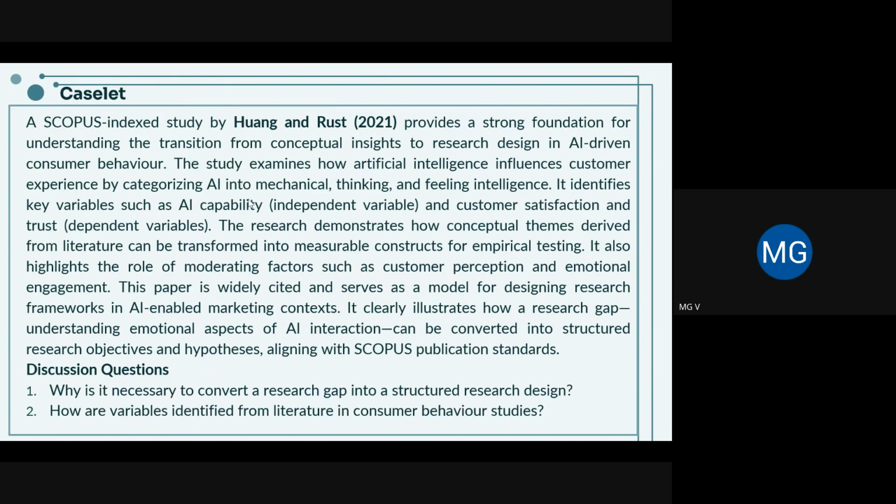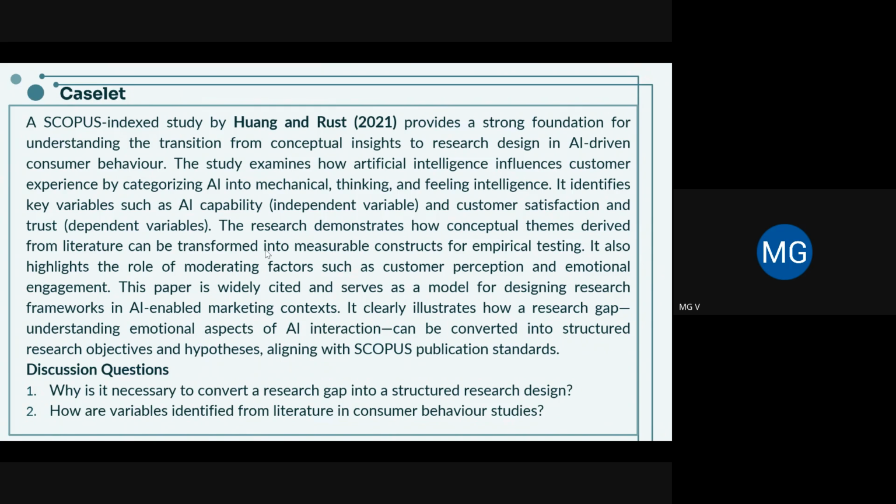The research demonstrates how conceptual themes derived from literature can be transformed into measurable constructs for empirical testing. It also highlights the role of moderating factors such as customer perception and emotional engagement. This paper is widely cited and serves as a model for designing research frameworks in AI-enabled marketing contexts. It clearly illustrates how a research gap, that is, understanding emotional aspects of AI interaction, can be converted into structured research objectives and hypotheses, aligning with Scopus publication standards.